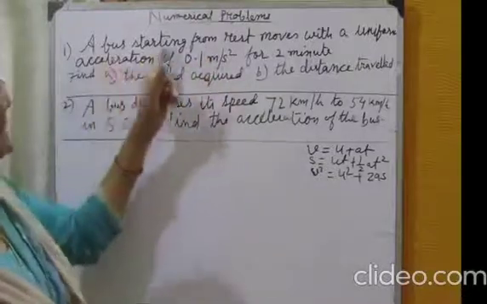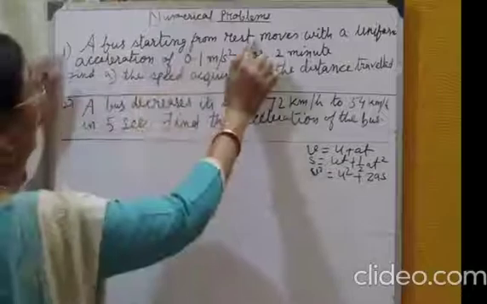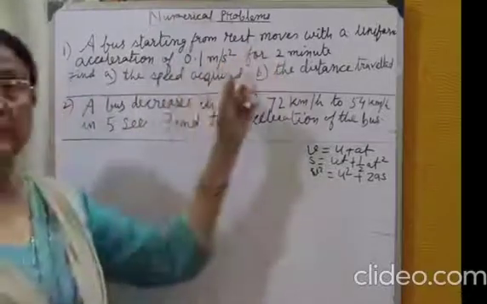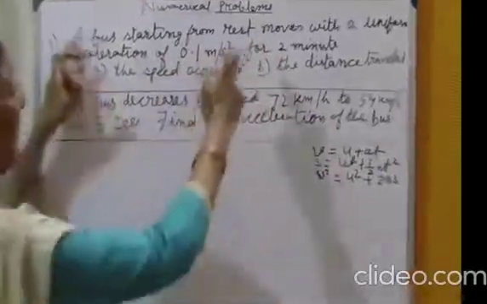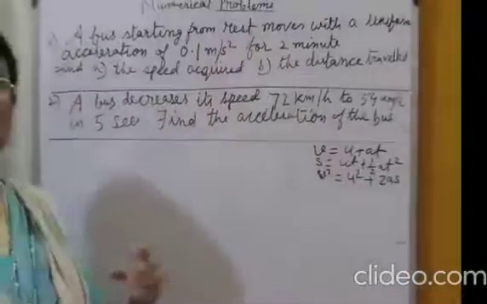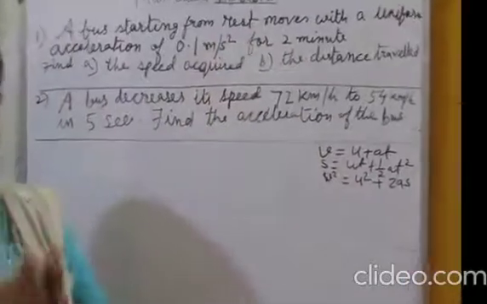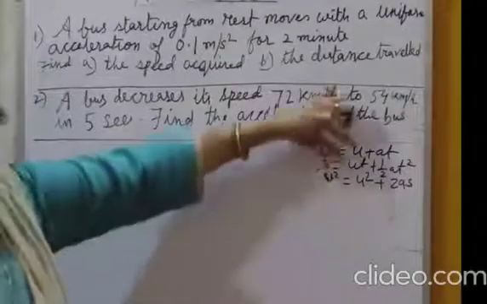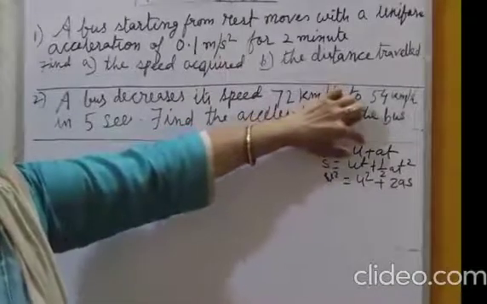First, a bus starting from rest. What is the meaning of this line? A bus starting from rest means its initial velocity u equals 0.